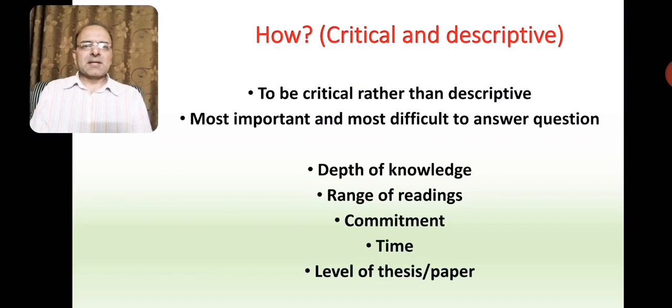Then the time that you have is also very important. Most research courses and theses are time bound. So you have to decide on that, and you have to adjust your speed of reading and your level of analysis of those readings according to your time.